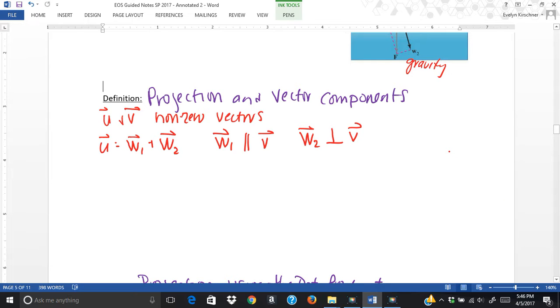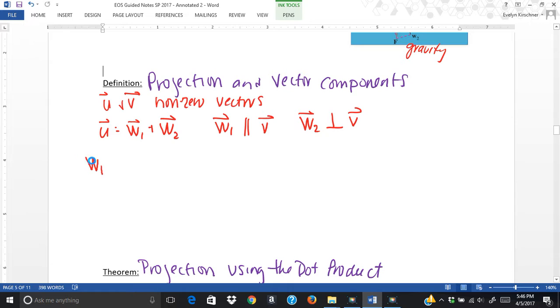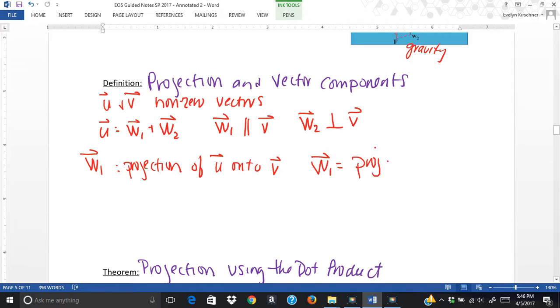I know we call w1 the projection of u onto v, and we write it as w1 equals the projection, and we do it's u onto v, so we write it like that.